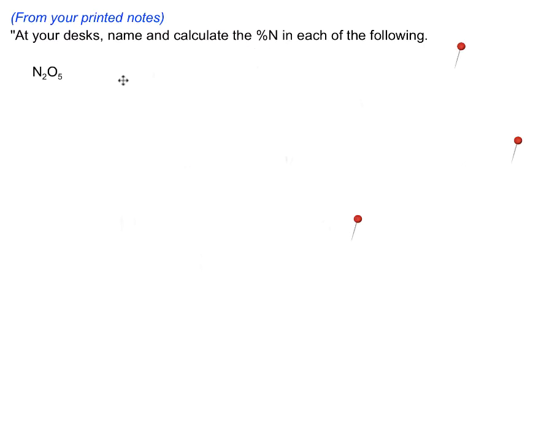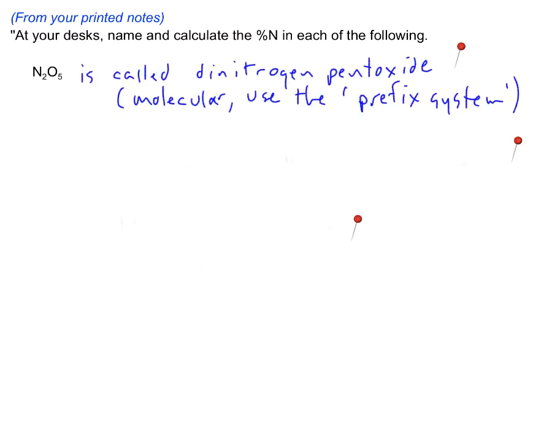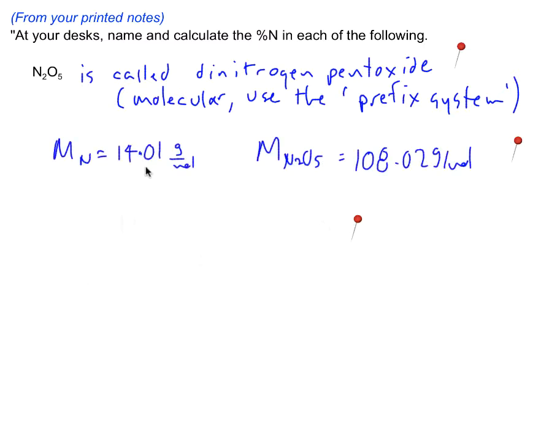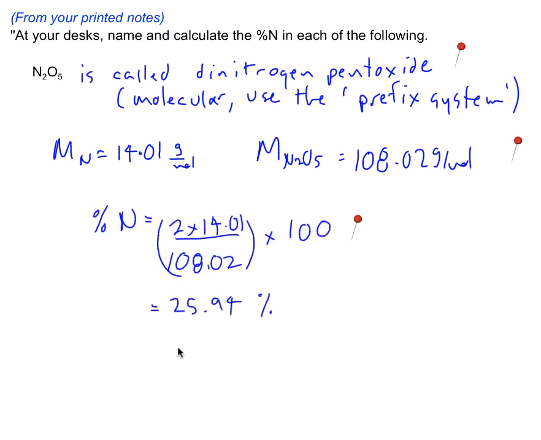So first of all, N2O5 is called dinitrogen pentoxide. It's a molecular compound, so we have to use the prefix system. And then we want the percent nitrogen. Well, the molar mass of nitrogen is 14.01, and the molar mass of dinitrogen pentoxide is 108.02. And so we can quite quickly calculate the percent nitrogen in this compound.